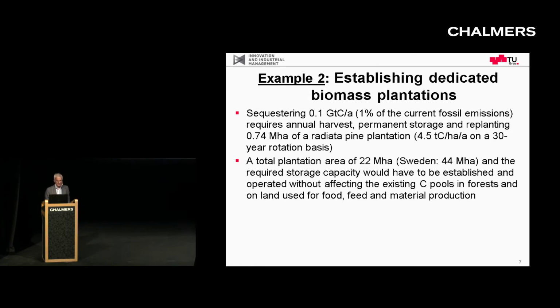This will result in a total plantation area. Remember, we are talking about 1% of the emission to be sequestered. Total plantation area of 22 million hectares. That's about half of Sweden.